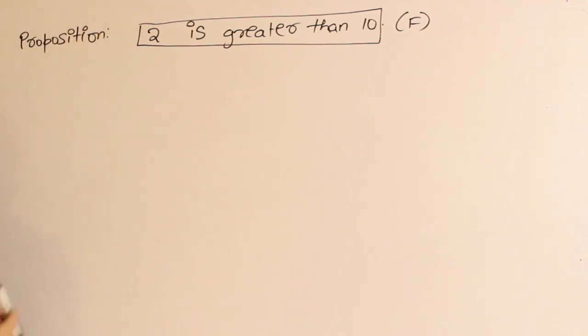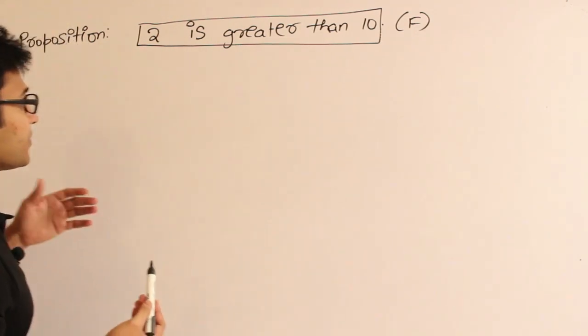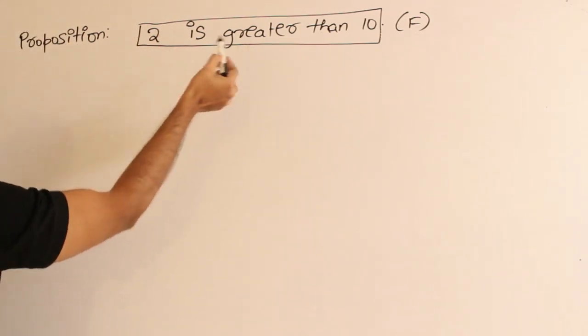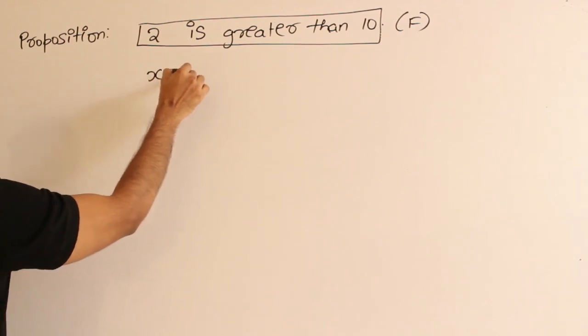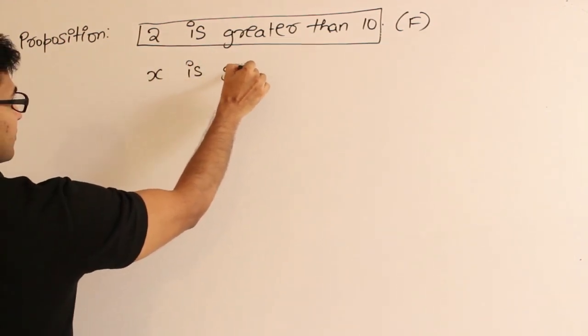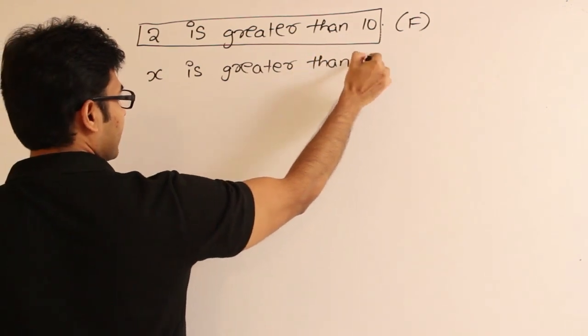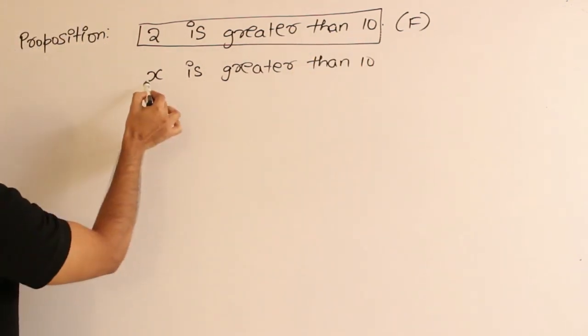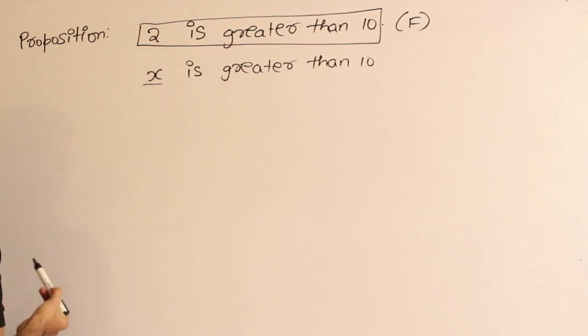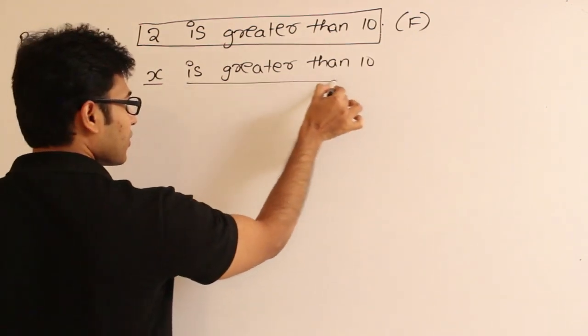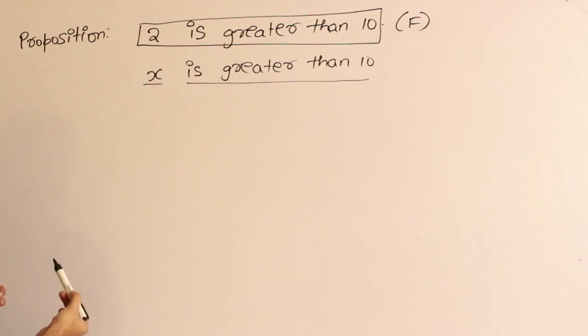Right? And now we have a concept called a propositional function. So if we have a predicate, let me take an example. Instead of 2 is greater than 10, if I say x is greater than 10, now it has two parts. One part is called a variable, and the other part, this entire thing, is called a predicate.